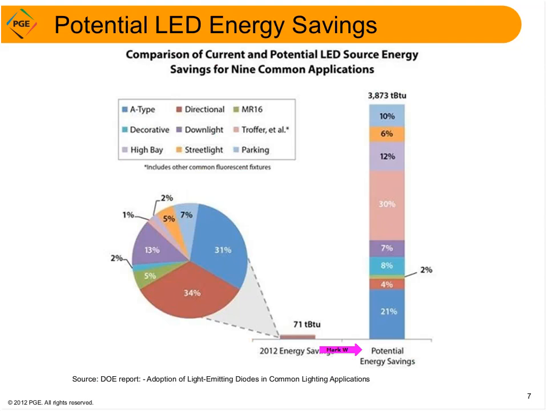So right now, most of the savings are coming from the replacement of common light bulbs and also directional lamps such as PAR 38s and MR16s. In the future, the most energy savings will come from replacing troffers and other fluorescent tube fixtures with LED replacement options.